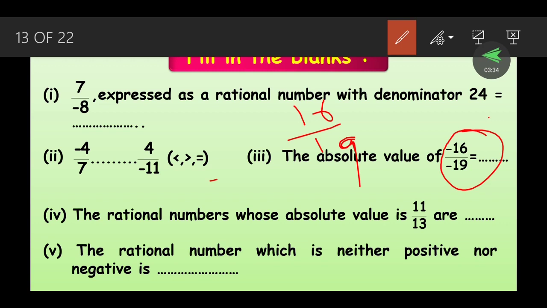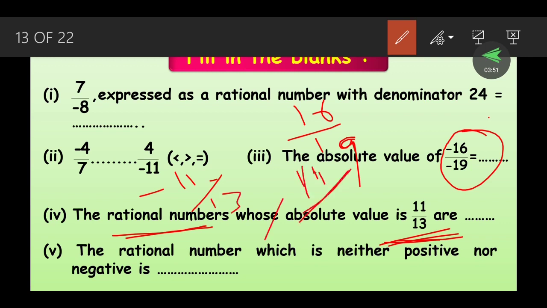So what is the fourth question? The rational numbers whose absolute value is 11 by 13. So what are those numbers? One is minus 11 by 13. Another one is 11 by 13. For these two values, absolute value is 11 by 13.